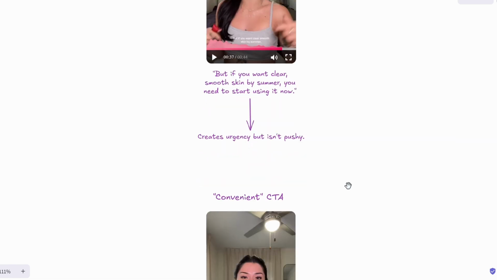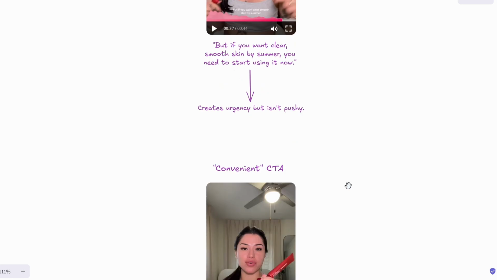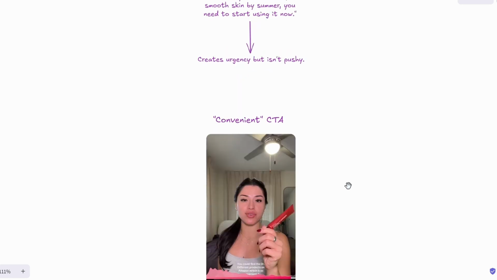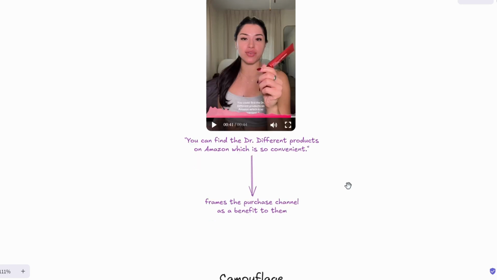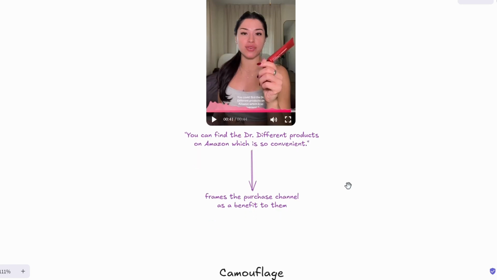The second is what I call the convenient CTA. You can find the Dr. Different products on Amazon, which is so convenient. On the surface, it sounds like a throwaway product detail, but it's doing something deliberate. Instead of directing the viewer to take action, it's framing the purchase channel as a benefit to them.